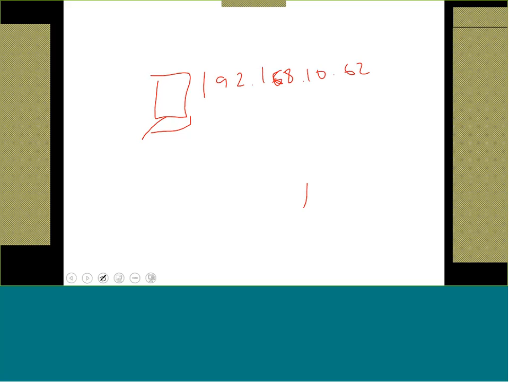And he wants to talk to a PC with an address of 192.168.10.66. Okay? Question. Is this PC on the top going to have to go to a gateway? How do you know?